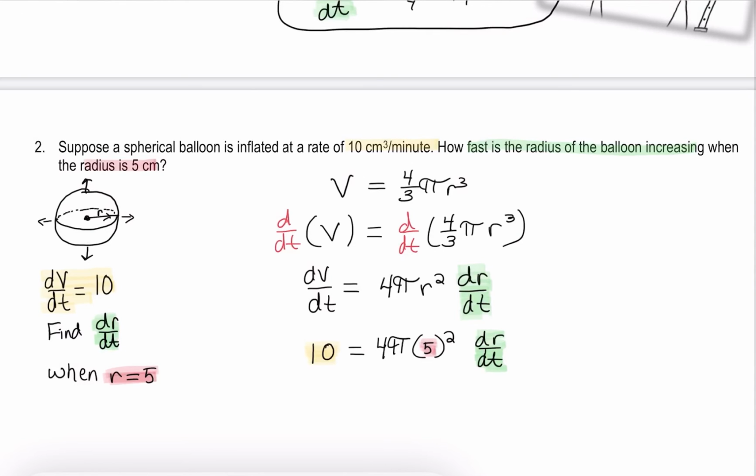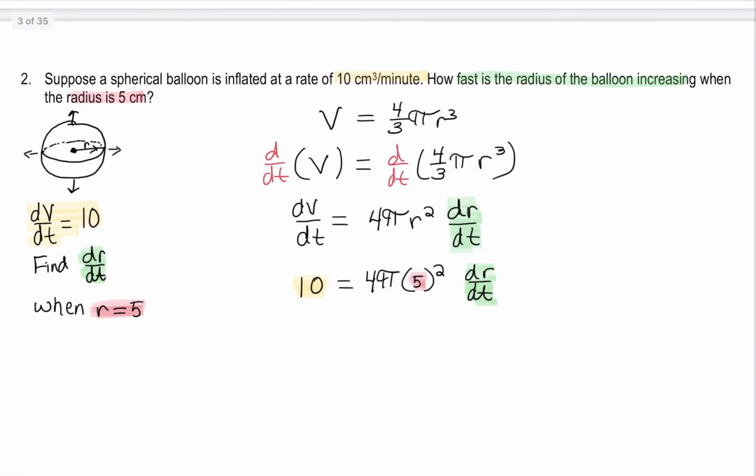In this term, I really have 25 times 4, so I guess I'll write this all out. So we have 10 equals 100 pi times our dr/dt. So that's going to mean just dividing both sides by our 100 pi.